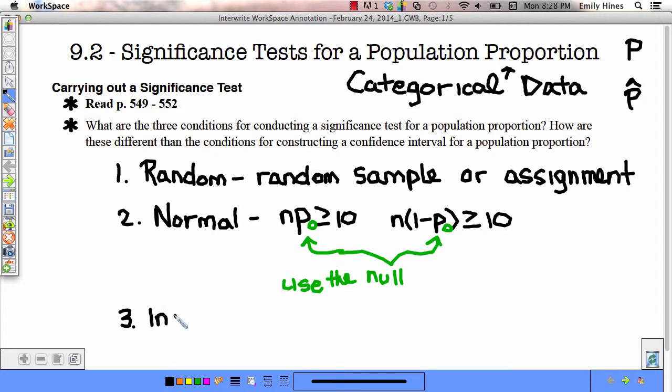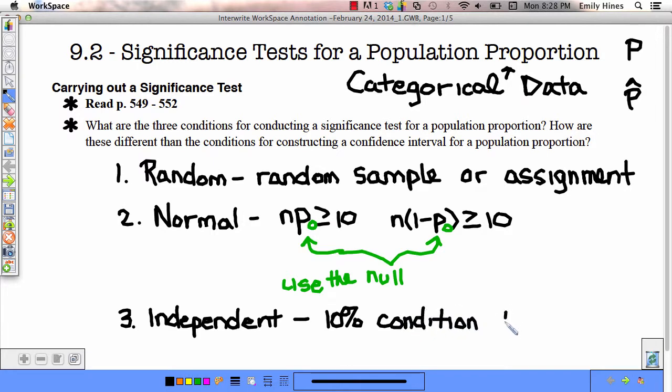3, independent. Either your results are independent of one another or, more than likely, this is going to be the 10% condition. If it's sampling, it's the 10% condition, which remember is that 10 times our sample size must be less than or equal to our population, so that our sample size is 10% or less of our population.